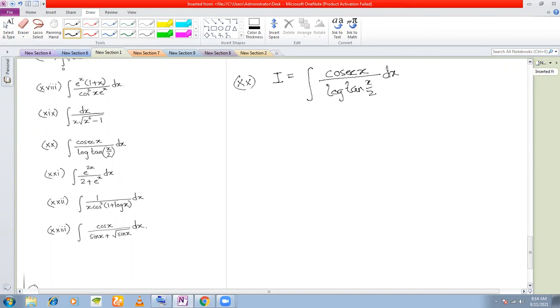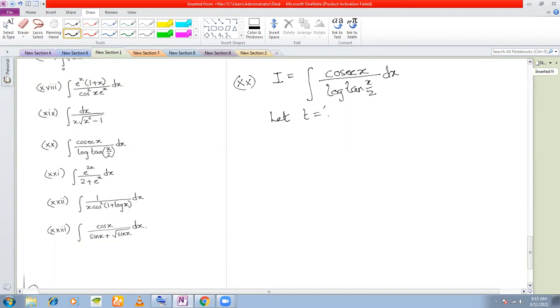There is something very interesting here: if you differentiate log tan x by 2, you will get cosec x. That is something that you must realize. So this is not a very difficult problem the way it looks, except that when you realize that if you differentiate the denominator, you will get the numerator.